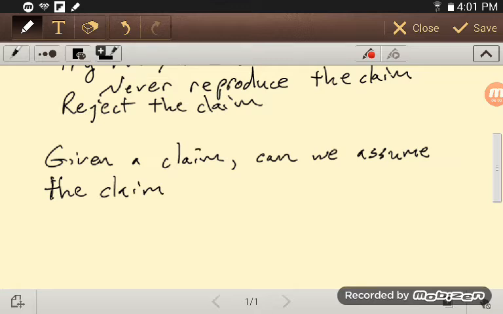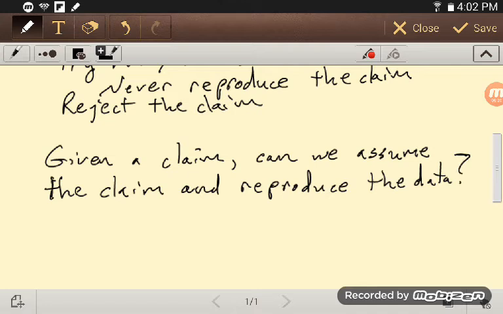But it really comes down to this: given a claim, can we assume the claim and reproduce the data? Okay, that's the big question.